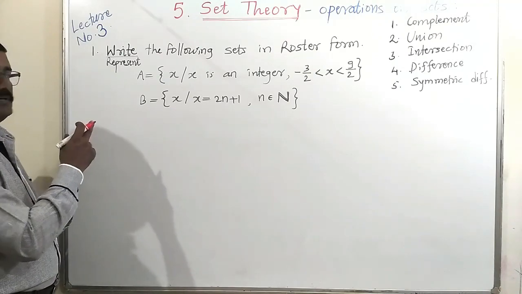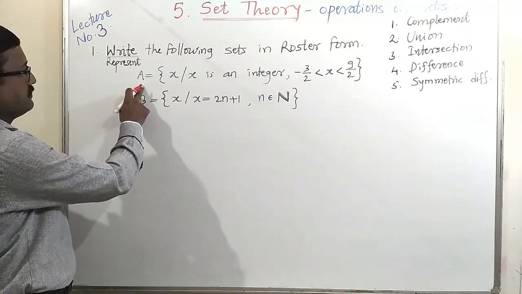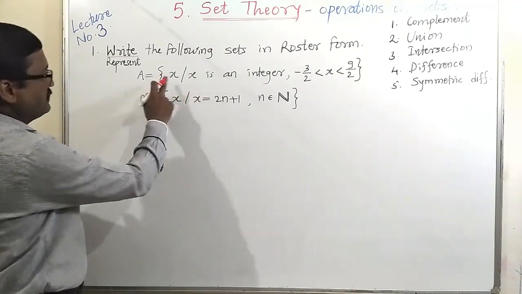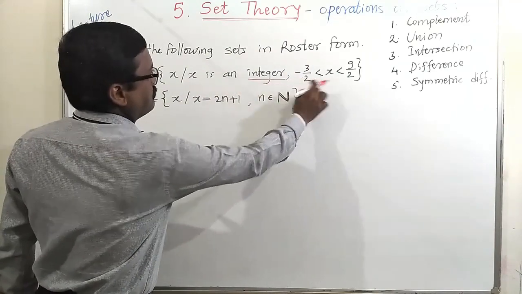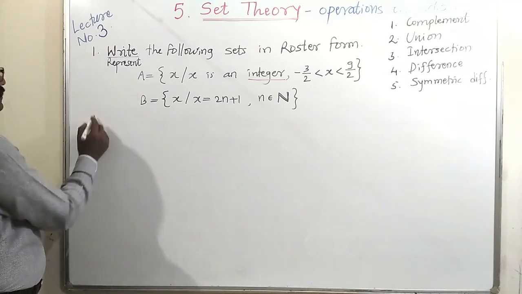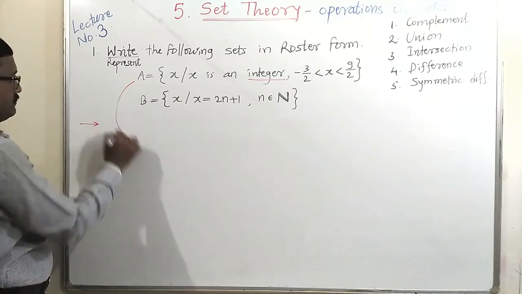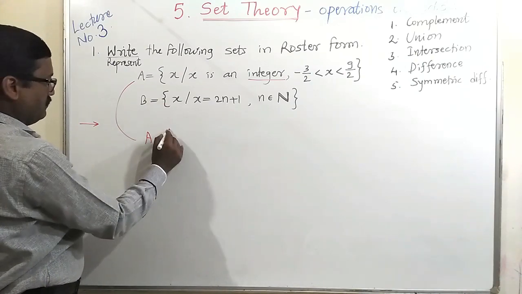See this example number 1. Write or represent the following sets in roster form. Set A is given. Set A is a set of all x so that x is an integer and it is between these two fractions. Solution. Here A equal to, it's a set of all x.